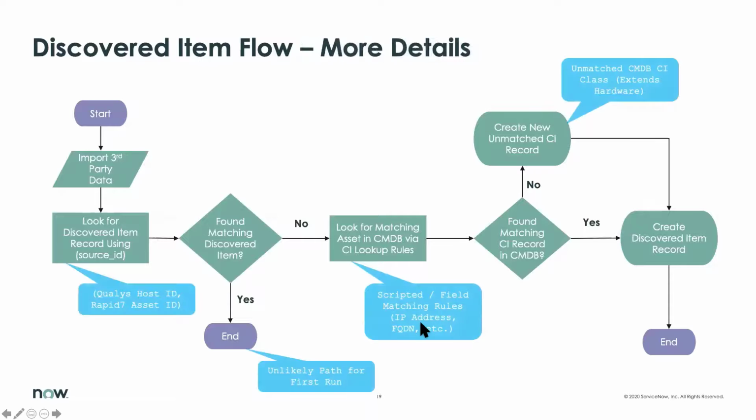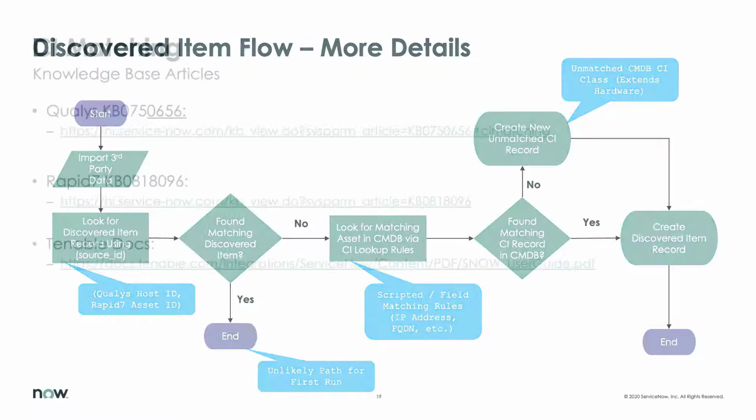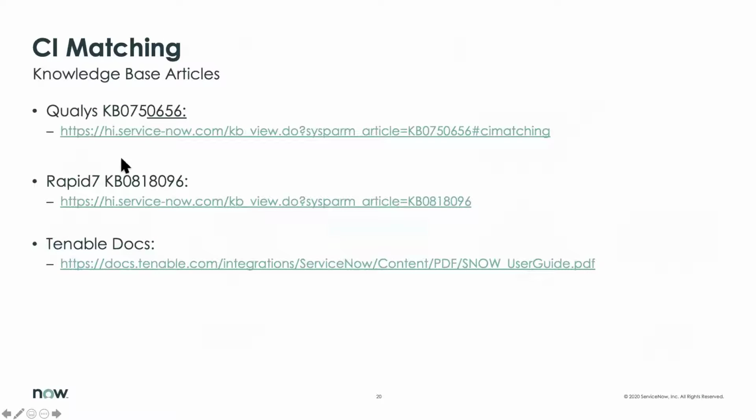In the deck, there are a few extra, very specific technical notes, but none of these are particularly important for this conversation. I've also linked several knowledge base articles that define this process in less simplified but less pretty terms, with flowcharts in black and white and so on. I'm going to save these inside the deck for your benefit. There's also a link to the Tenable docs and how they do this. So that's included here in the deck.